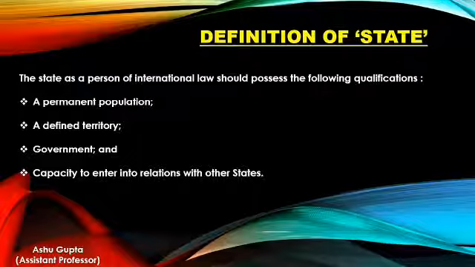Such capacity is essential for a sovereign state, and lack of such capacity will prevent the entity from being an independent state. And capacity distinguishes states from lesser entities such as members of a federation, which do not manage their own foreign affairs and are not recognized by other states as full members of the international community.